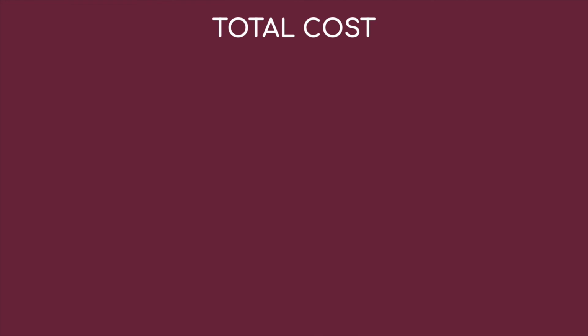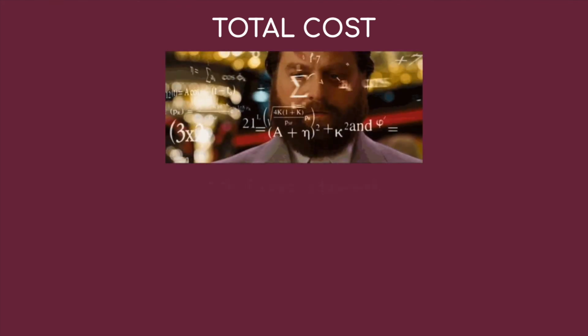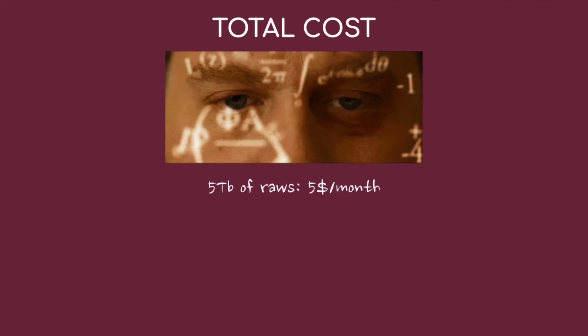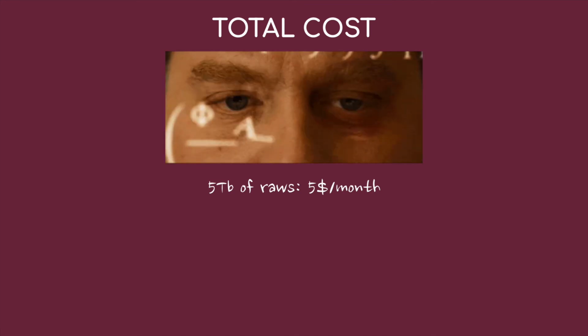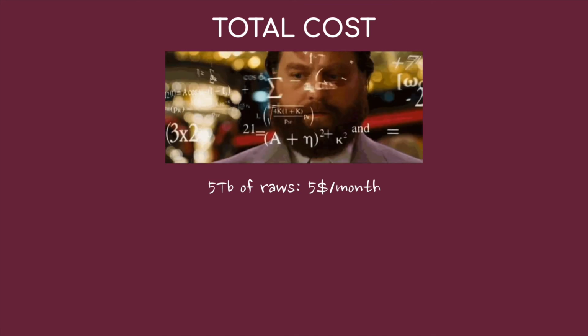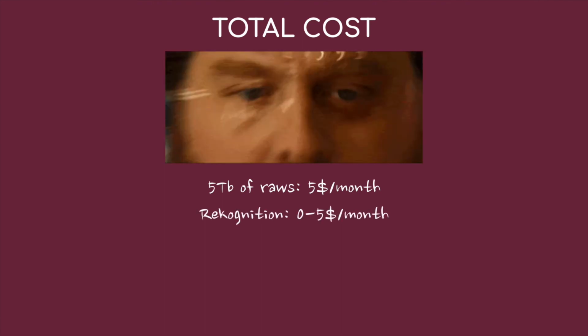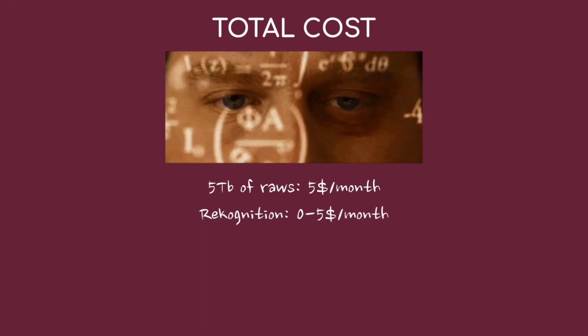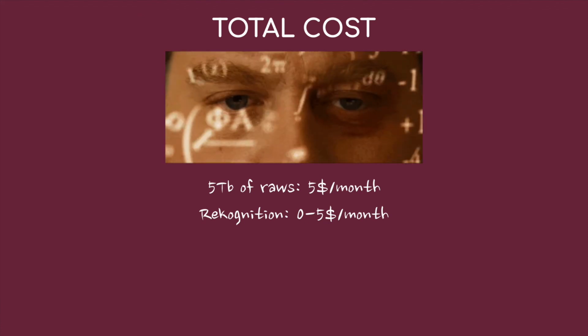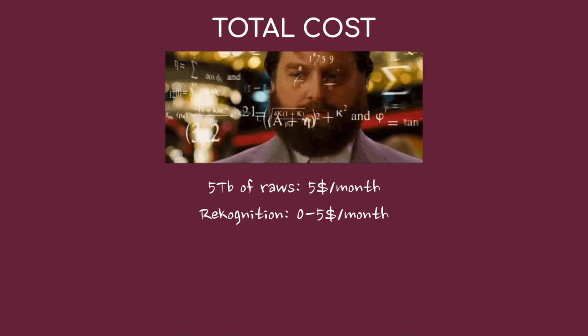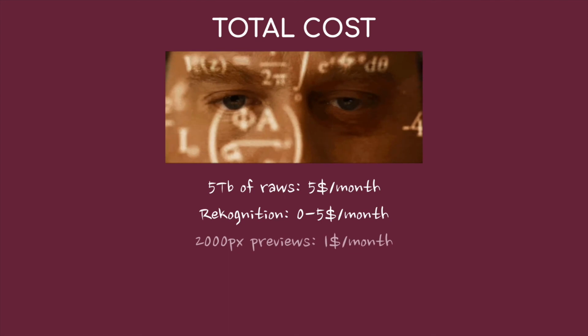So the total cost for all this, as I said earlier, should be cheap, around 10 to 20 euros per month maximum. For the raw images that we have in Glacier Deep Archive, it's around $5 per month. Running the recognition after the first run is around $0 to $5 per month, depending on how many photo shoots Eija has.